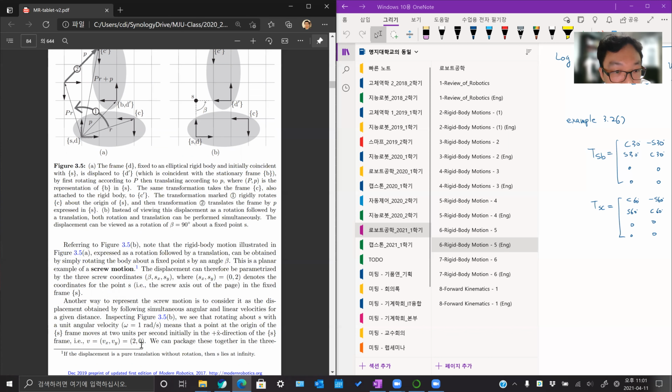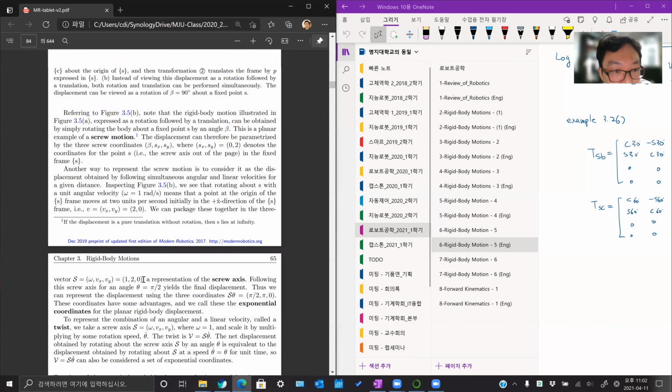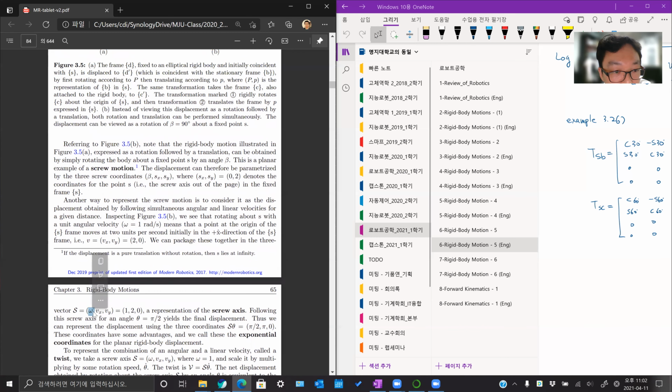So this meaning is the, here. The omega is 1 and Vx Vy equal to 0. So this one is already we learned about the screw axis.